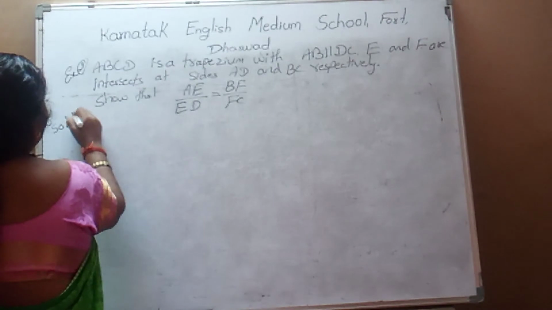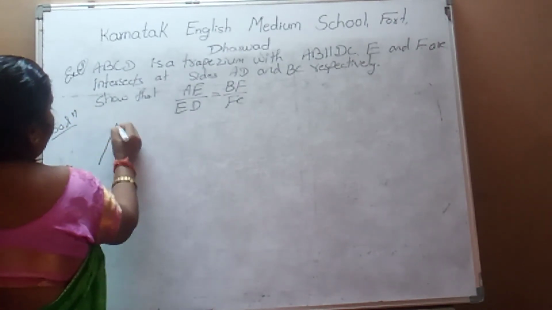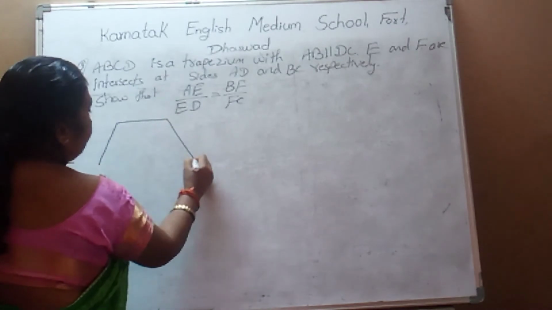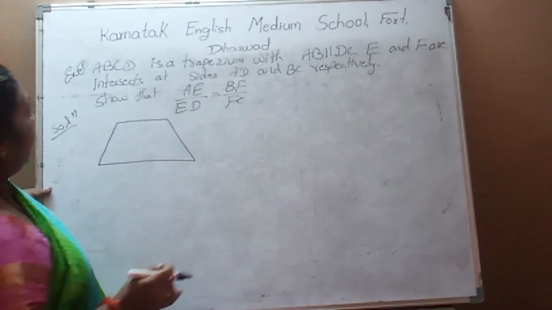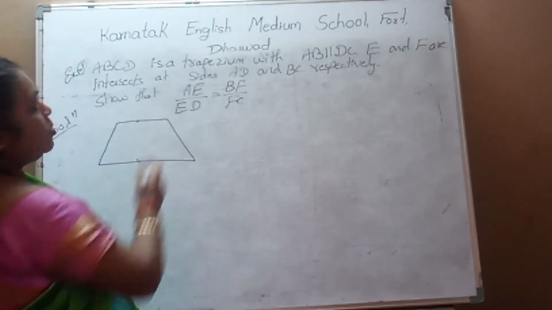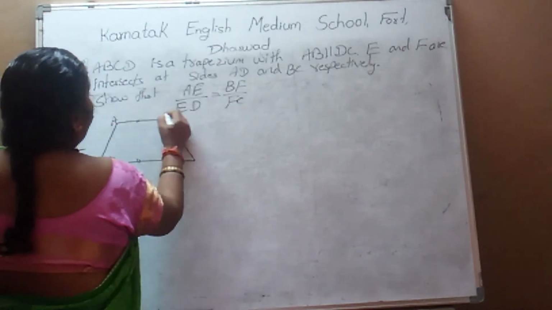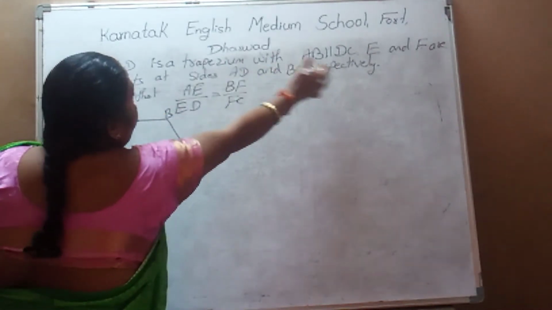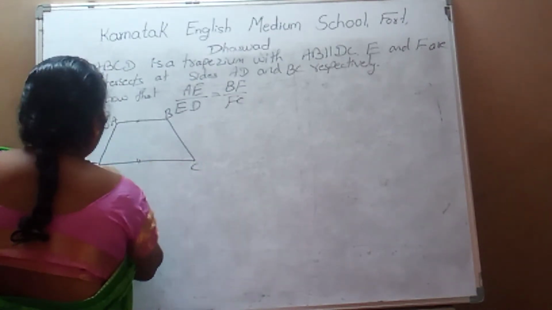Solution. First you must draw one trapezium. Trapezium means what? One pair of opposite sides of a quadrilateral are parallel, the other two sides are non-parallel. So here, they have given AB is parallel to CD.